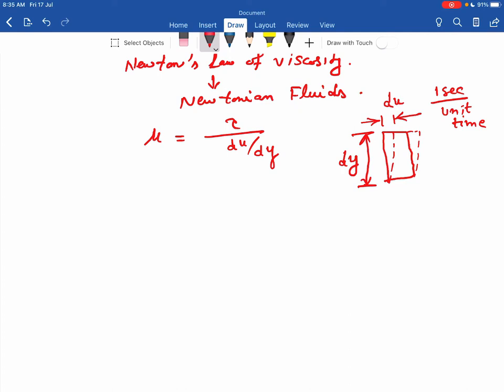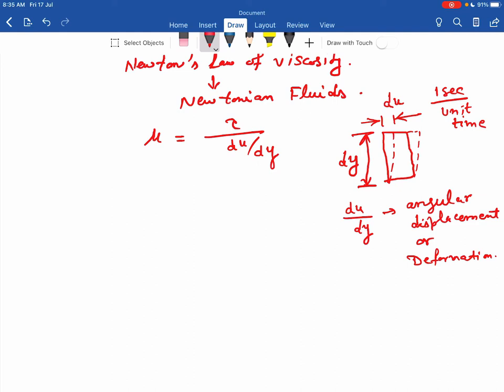then you can say the term du by dy is the angular displacement, or we can call it deformation. So now you can define mu easily. Mu is dynamic viscosity, or simply viscosity.